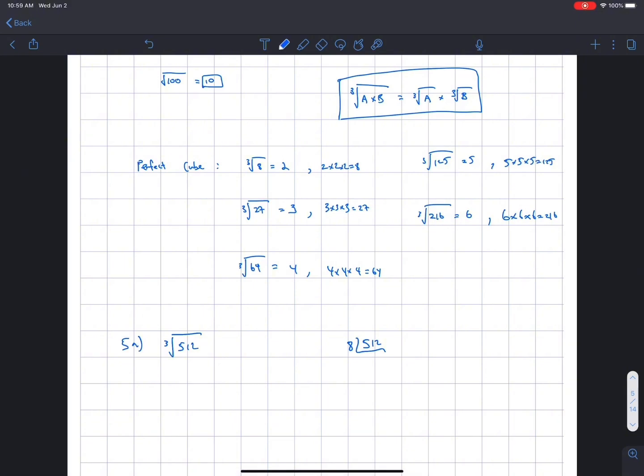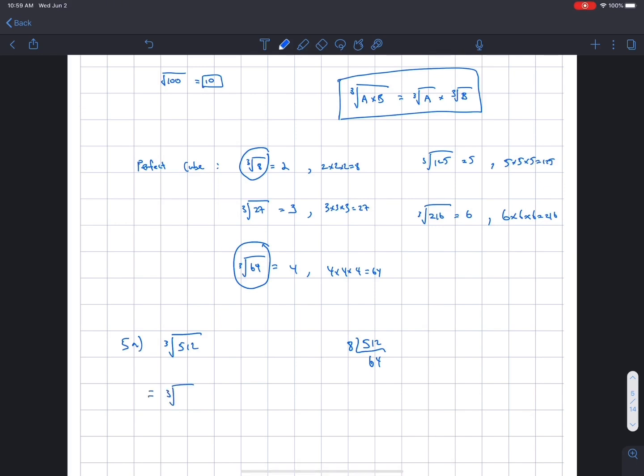After I divide this by 8, I get 64. So I should be able to stop here already, because the cubic root of 8 and the cubic root of 64 are both cubic roots that I should have memorized already. Or if you haven't, you can just write them down, and these are the 5 perfect cubes that you want to try.